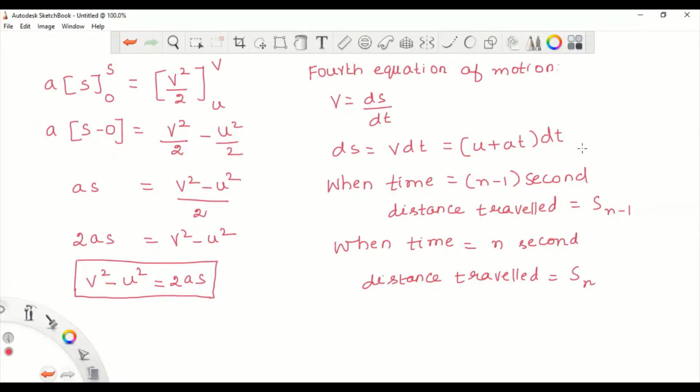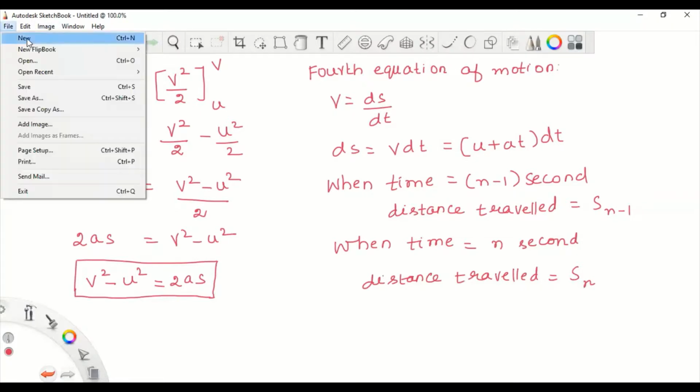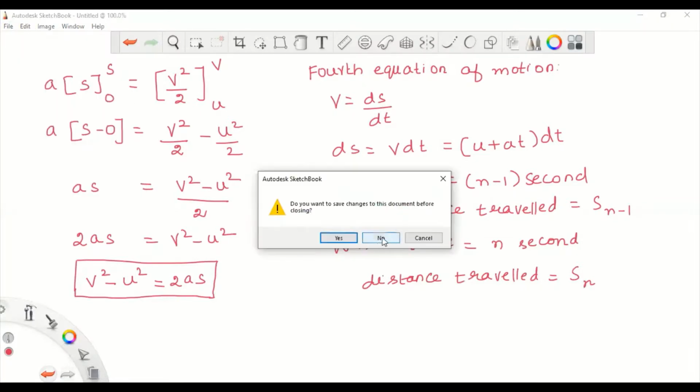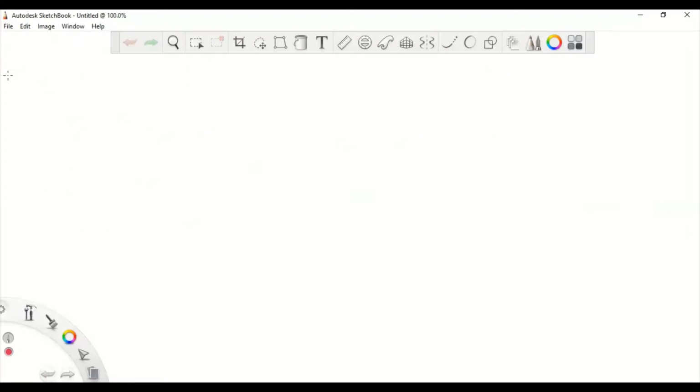So again we are going to integrate this equation, that is ds is equal to u plus at into dt. So we are going to integrate this equation, integral, the limits are Sn minus 1 and Sn.